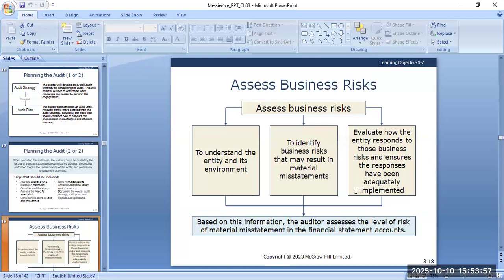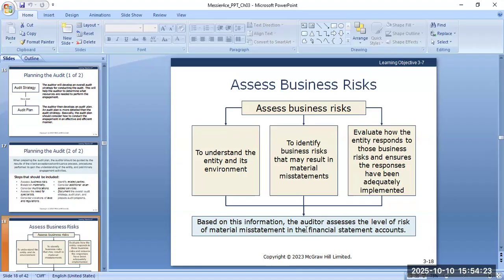So every time we check something and understand the business, that should give us confidence. When we identify the business risk and say it is not so high, that should be reflected in the audit plan that we have to establish later.